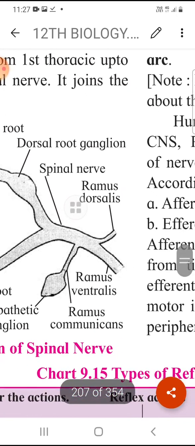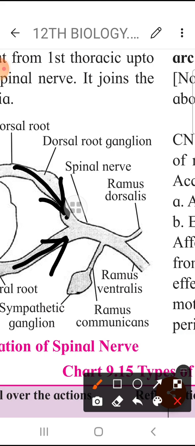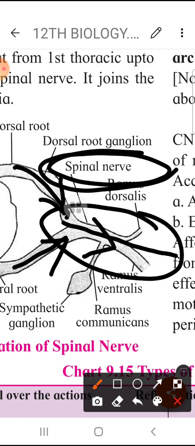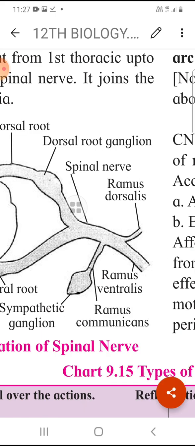Sensory comes together with motor, giving rise to one single structure. This single structure is called the spinal nerve. So it says sensory plus motor. So what will it be? Mixed type. So our spinal nerves are mixed type.